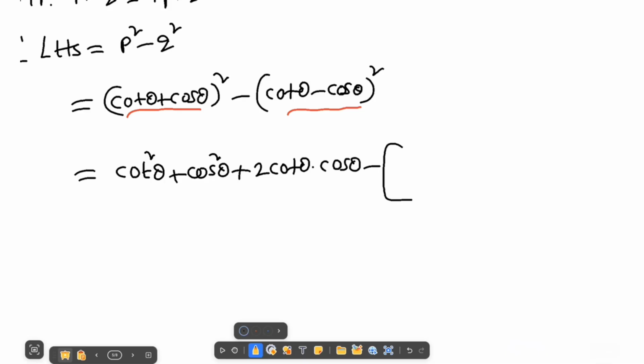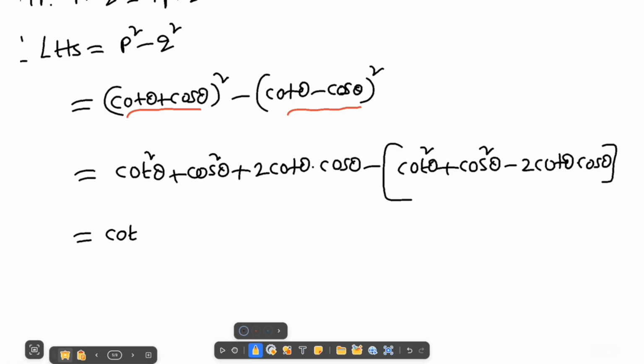Next, minus of A minus B whole square: cot square theta plus cos square theta minus 2AB, minus 2 cot theta into cos theta. Yes, now this will be equals to cot square theta plus cos square theta plus 2 cot theta into cos theta.